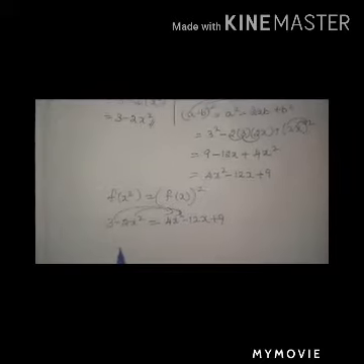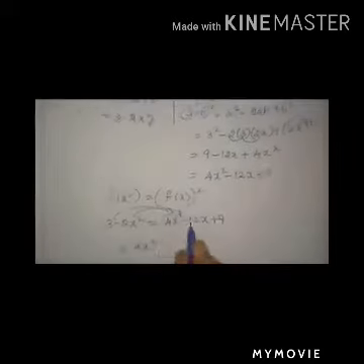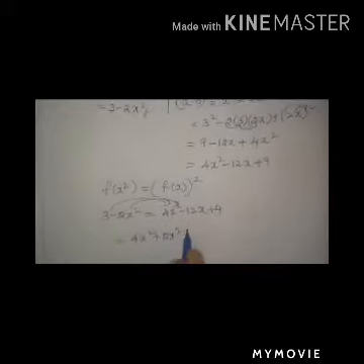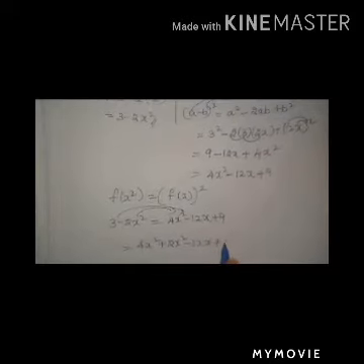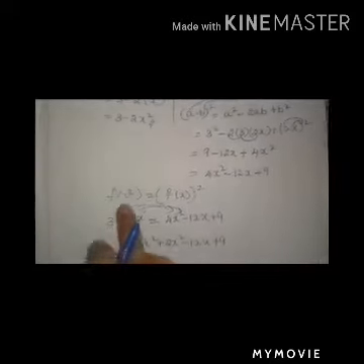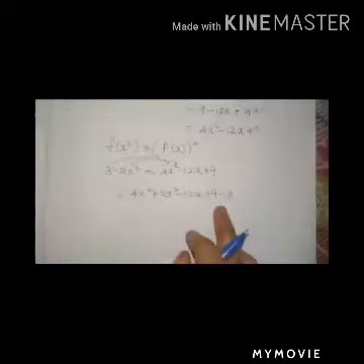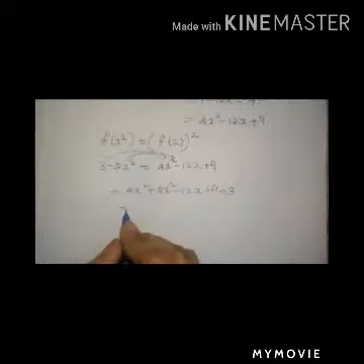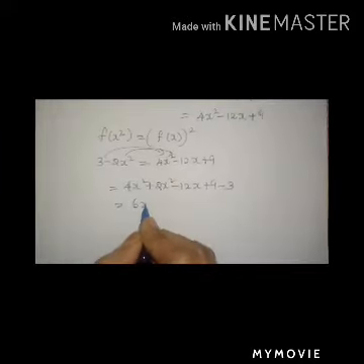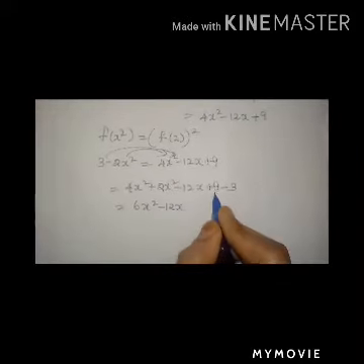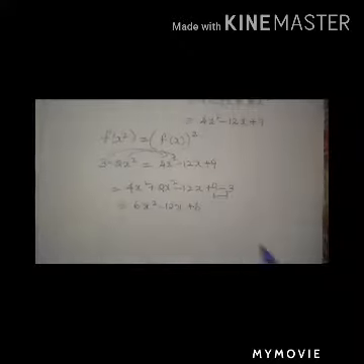Bring all the terms here: 4x square, then minus 2x square becomes plus 2x square, minus 12x, plus 9. When transposing, plus 3 becomes minus 3. So 4x square plus 2x square is 6x square, minus 12x, 9 minus 3 is 6.